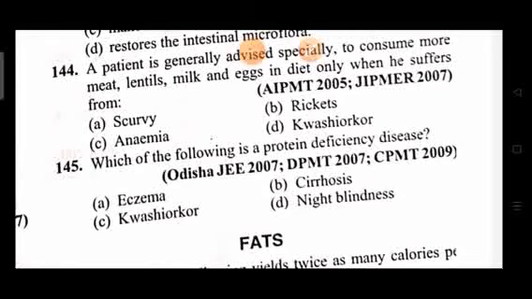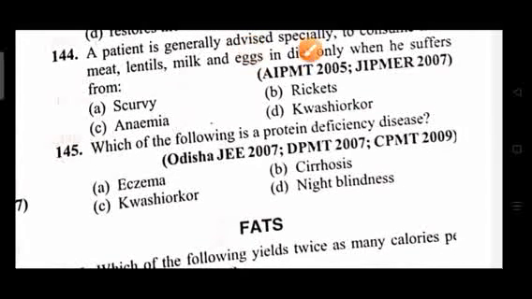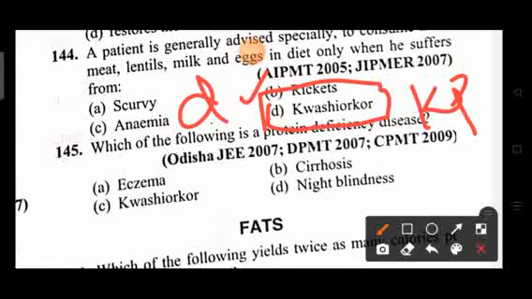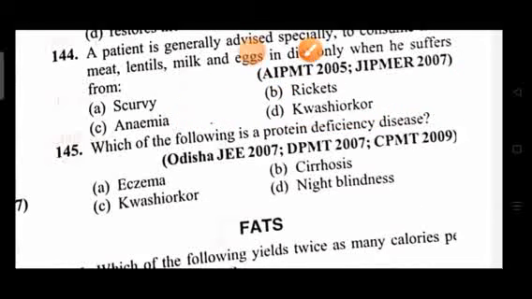Scurvy is because of vitamin C, and rickets is because of vitamin D deficiency. Anemia is because of vitamin B12, B7, B6, and kwashiorkor is a malnutrition because of protein. So obviously the answer is kwashiorkor, option D. If a doctor advises this, the patient might be suffering from kwashiorkor.